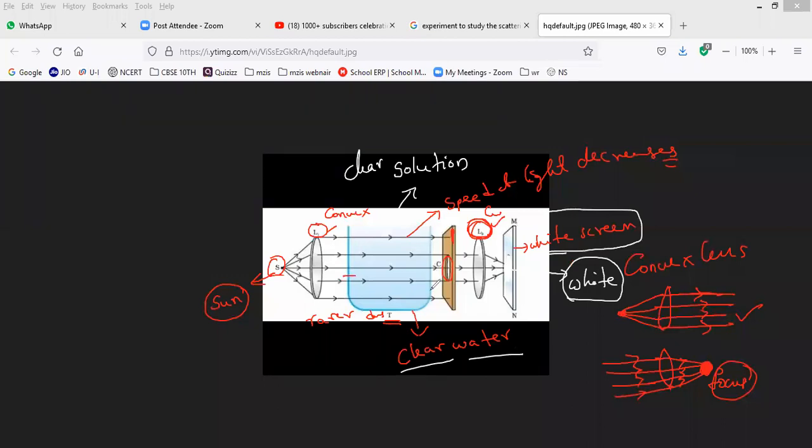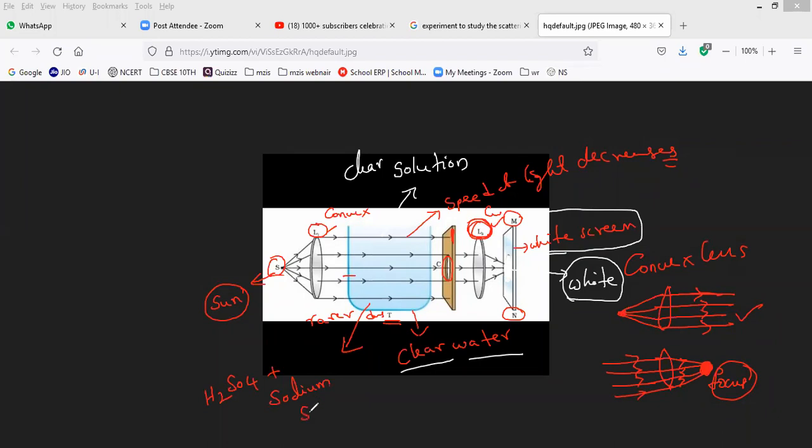Now, we want to study the scattering of light. That is why, if you want to form the image on the screen, we will add some chemicals to this clear water. One is sulfuric acid, and the second one is sodium thiosulfate.